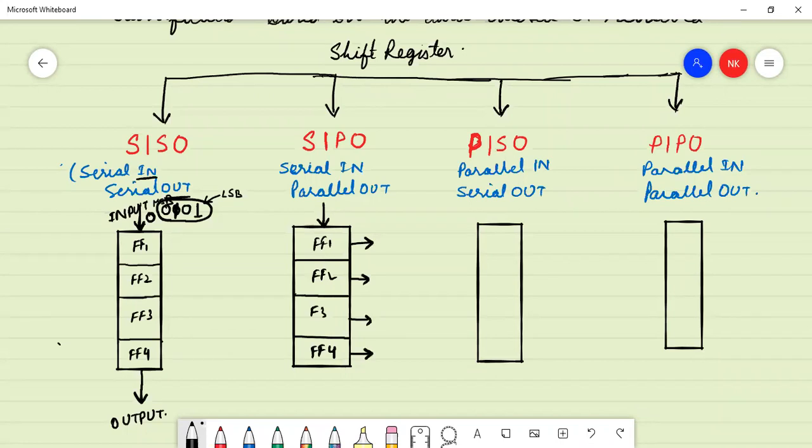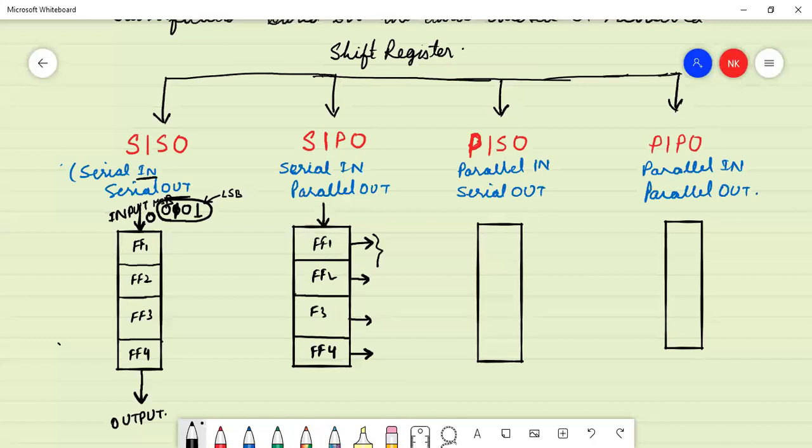To store the data in all the flip-flops, we need 4 clock pulses. If we have 4-bit data, in 4 clock pulses we can store the 4 bits, and we can get the data parallelly.